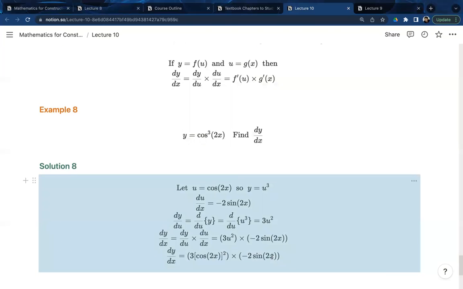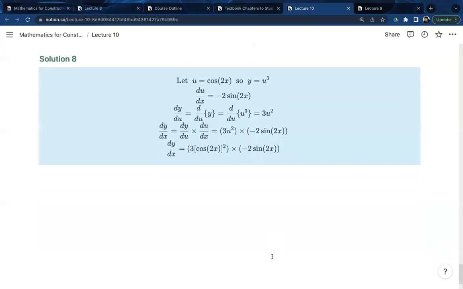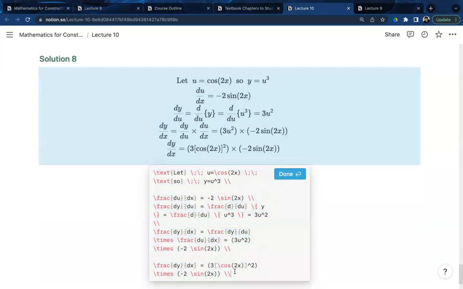So let's deal with the other parts around it. Take our time and simplify this.